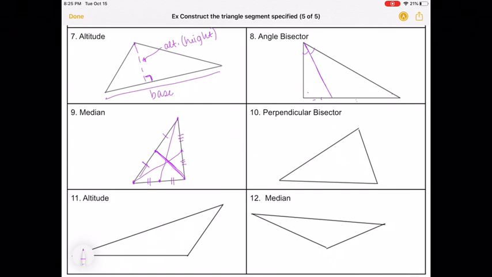Okay, so 10 is perpendicular bisector. I think that's the only one we haven't drawn yet. And then I'm going to have you do 11 and 12. The perpendicular bisector is perpendicular to a triangle side and passes through the side's midpoint. So this one looks a little bit different. I'm just going to pick, it doesn't really matter which side because we're just drawing an example. So I'm going to do the bottom one.